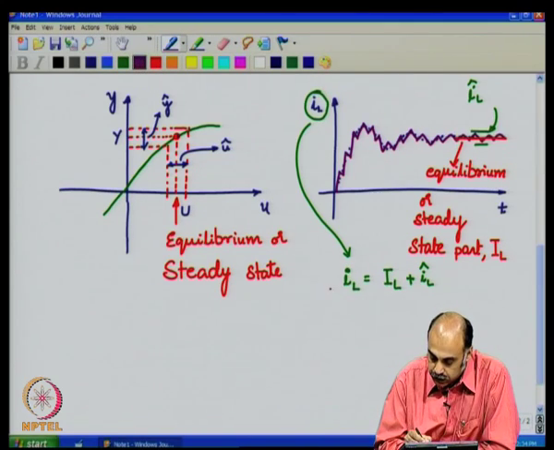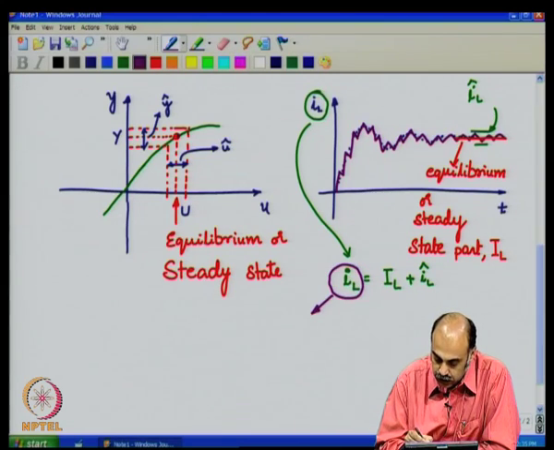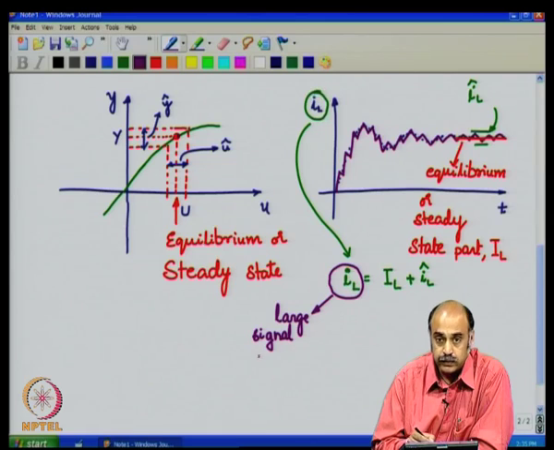So, if you look at it, this is the actual large signal value.